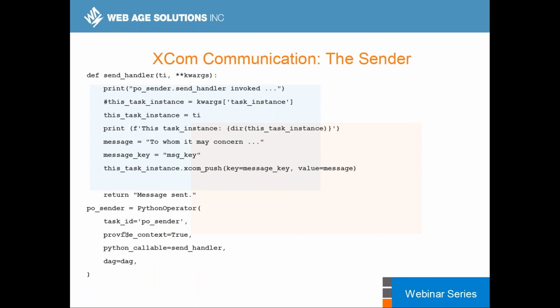You specify an ID. What's important is to provide a context. Context is just a dependency injection where that callback function would receive those keywords. It's a dictionary, a map of key value pairs, and it would contain everything that Airflow sees at this juncture of your flow. Essentially, it's just a bunch of system information, and a couple of things are quite useful.